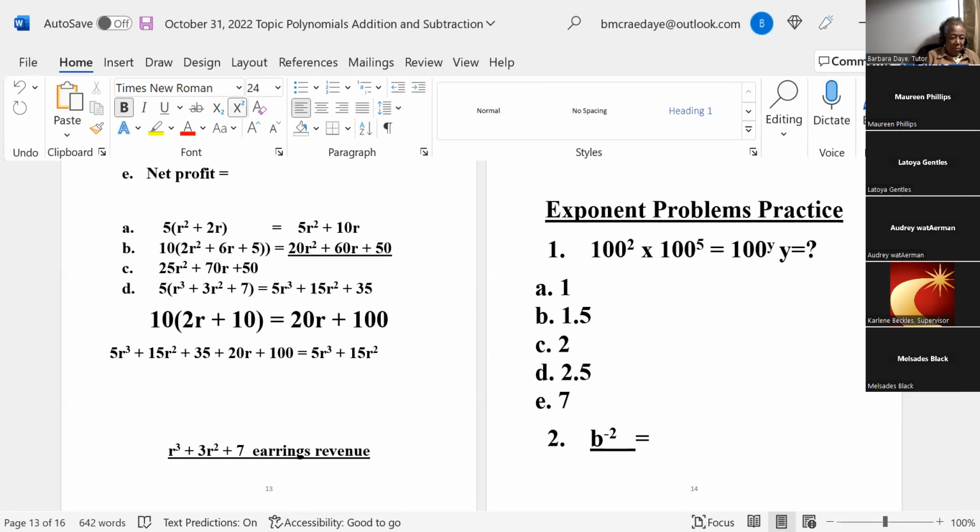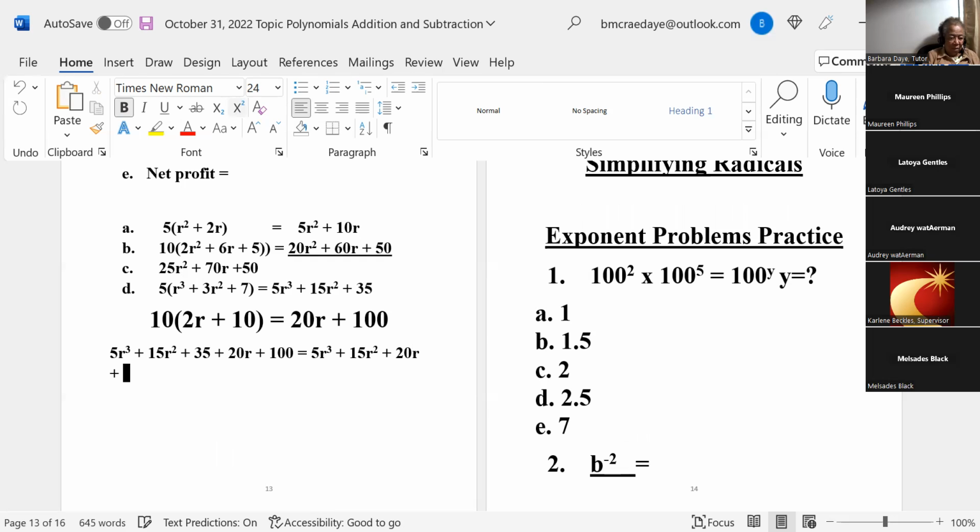And what goes next, Maureen? Plus 20R. That's it. Now, what are the constants? Combine your constants. What do you have? 100 and then you've got a 35. Add them.